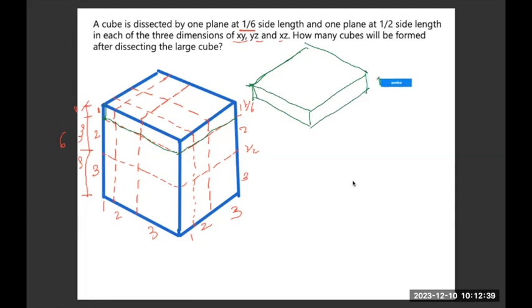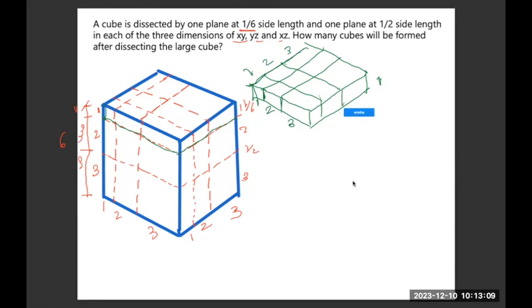This is 1 unit height. Here a cut of 1 unit will come, this cut will go all the way through. This will be a 2 units cut. Sorry, I have not drawn it proportionately. This is a 2 unit cut, this is a 1 unit cut, and this is a 3 units cut. Same thing here: 1 unit, 2 units, and 3 units.